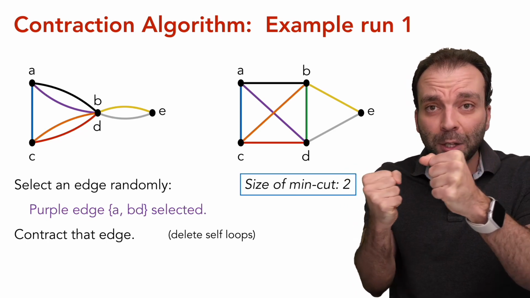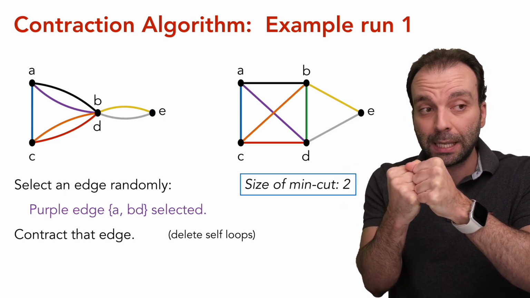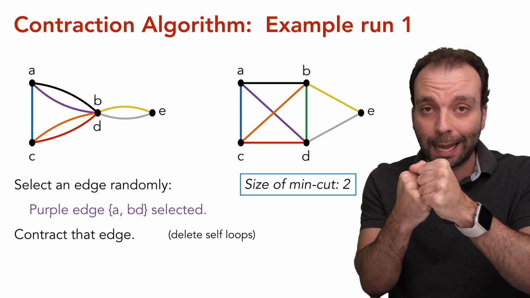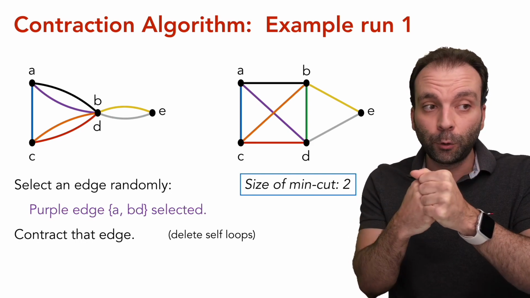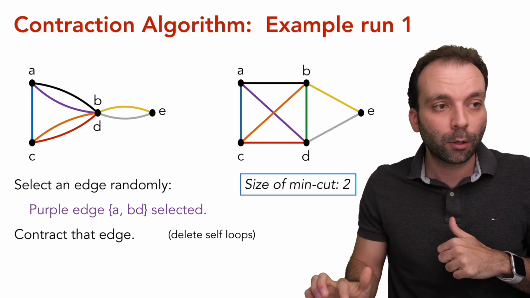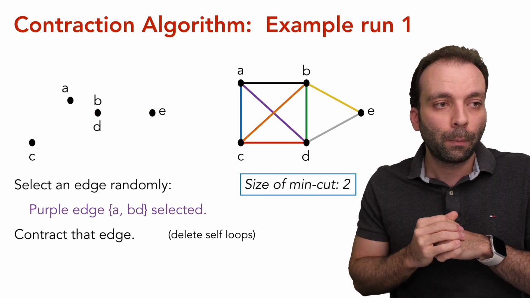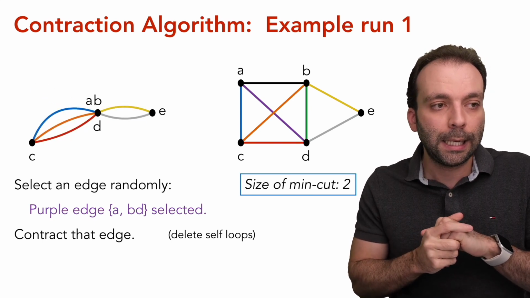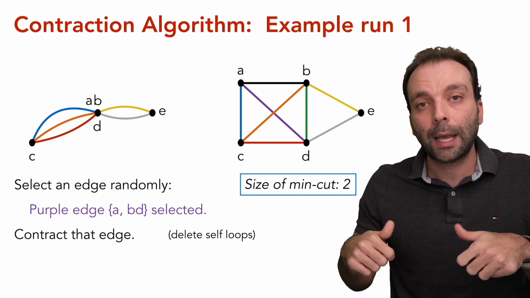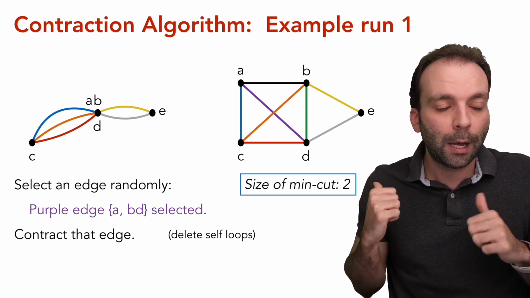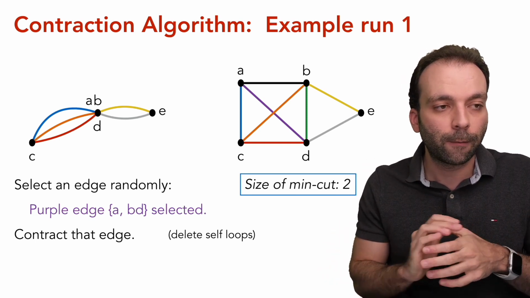And then now there are two edges between A and BD. There's the purple edge and there's the black edge. Those will become self loops, and then we're going to throw them out. So watch it happen here. A merges with B and D. The purple and the black edge became self loops. We threw them out, and then this is the resulting graph.